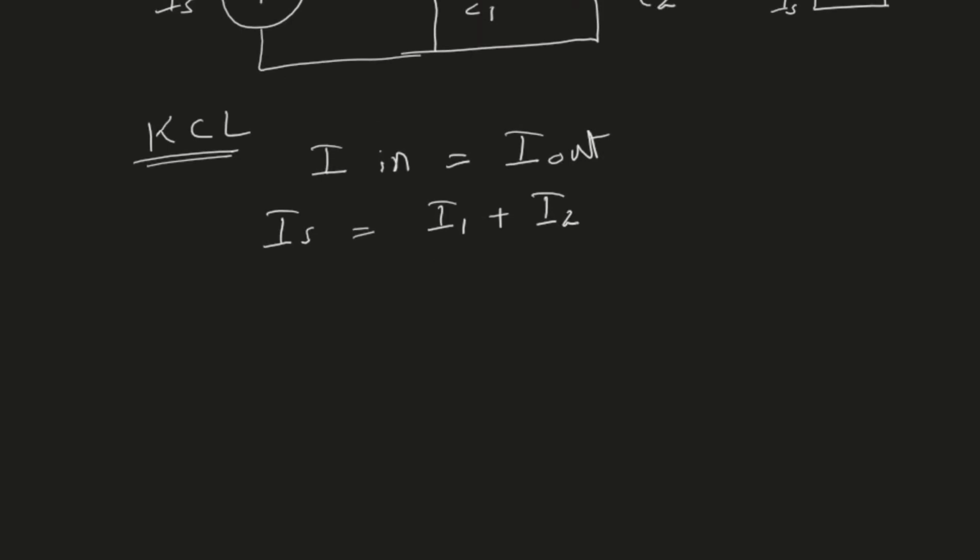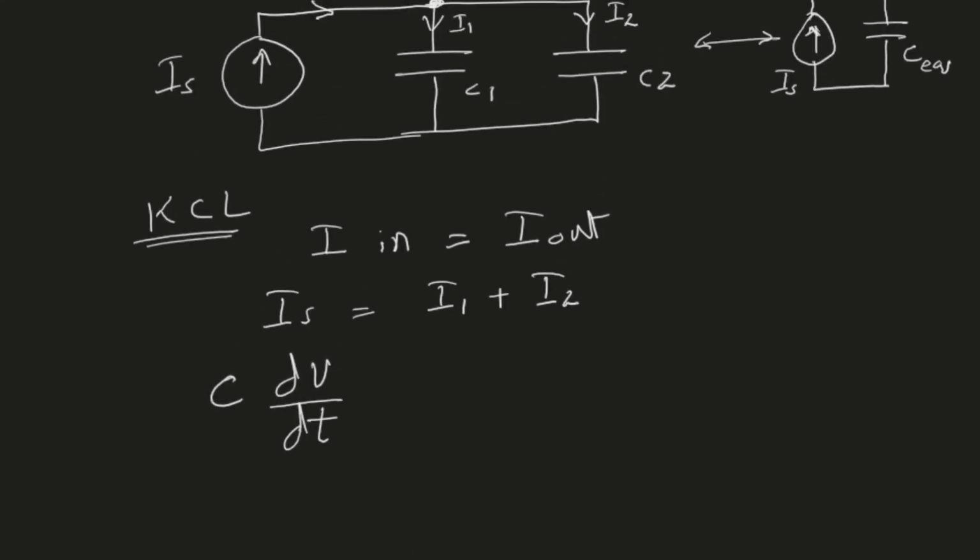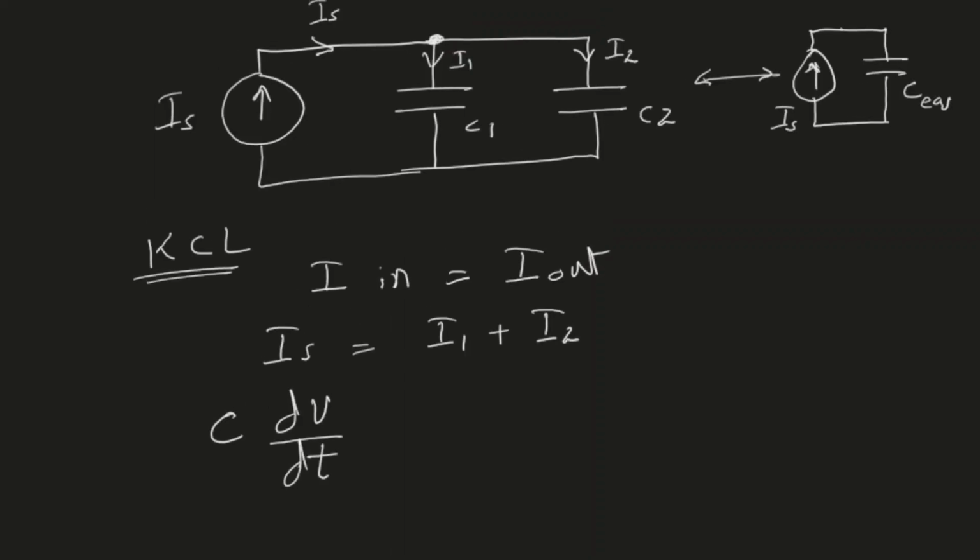As we know, the current through a capacitor is equal to C times dV by dt. Now I will say that this left-hand side is my equivalent circuit, because the current here is Is, which is the same, and it flows through the capacitor C equivalent.